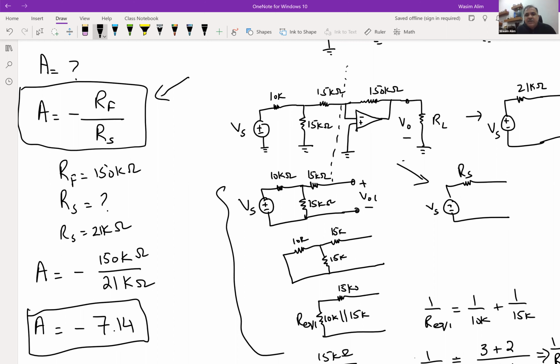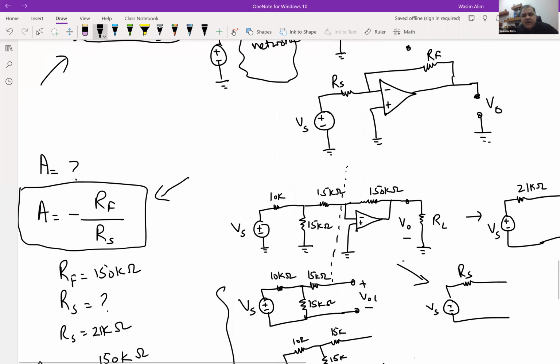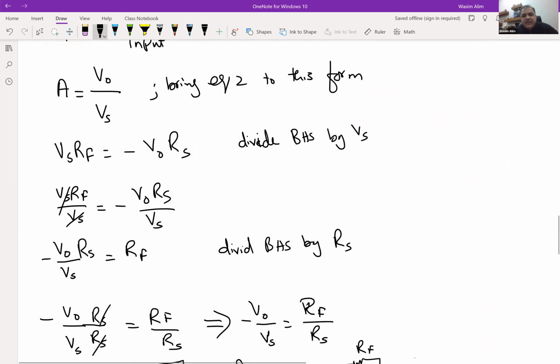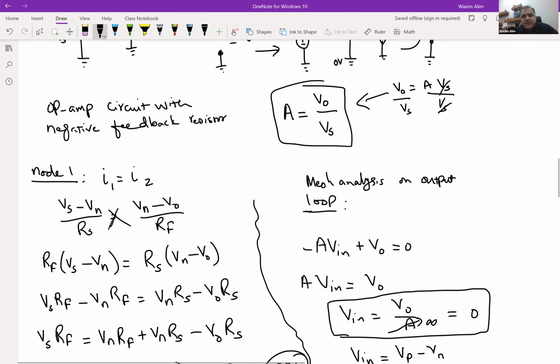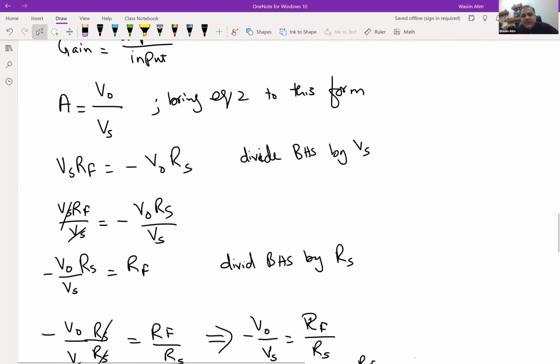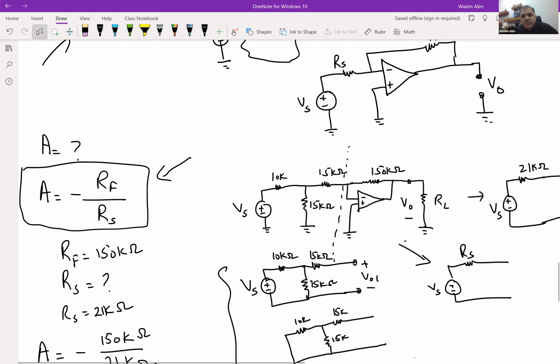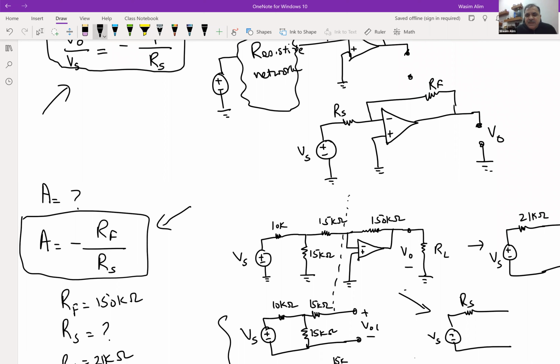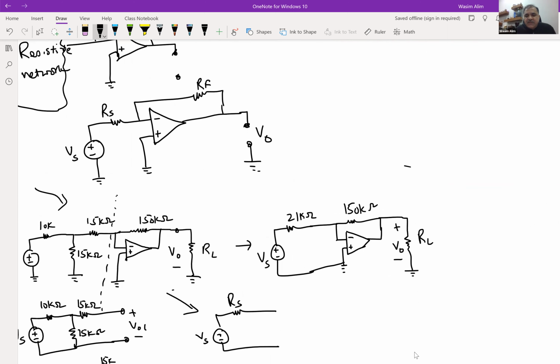As I mentioned, this part of the analysis, I won't be really testing you on any of this derivation part. The important thing is to be able to see a circuit, let's say in this form, and then convert it to a more standard form, which is this.